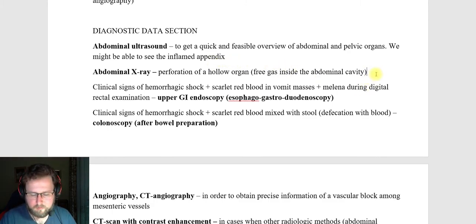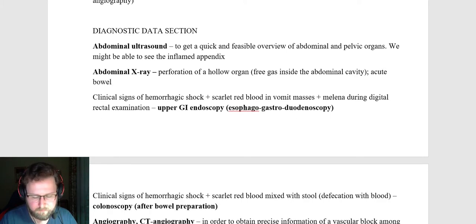Another valuable thing that can be given to you by X-ray in cases of acute bowel obstruction is that you may see the bowel arches.